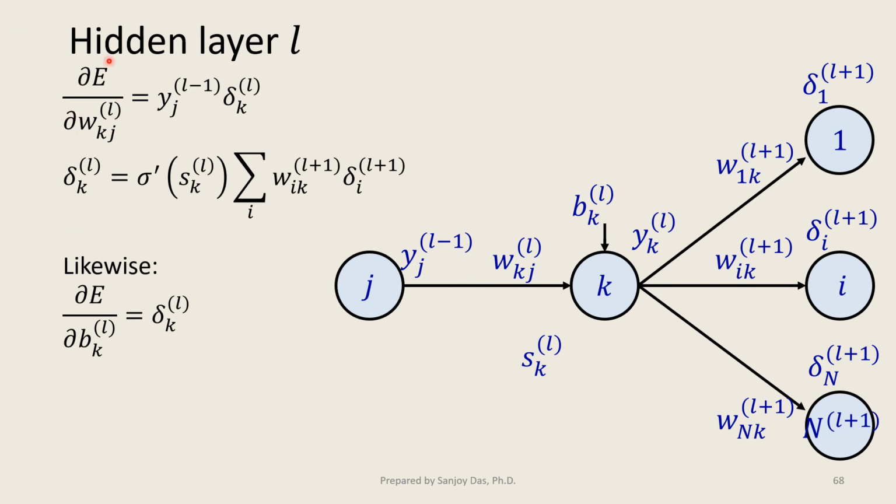Now, obtaining the derivative of the loss with respect to the bias instead of the weight is straightforward. All we have to do is replace this Yj with 1, and so this is our expression for the derivative of the loss with respect to the bias. And this is the last of our important expressions, so let's highlight it.